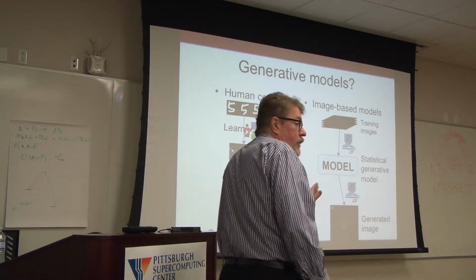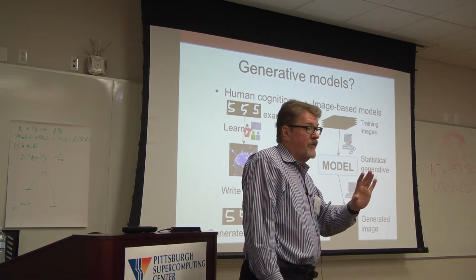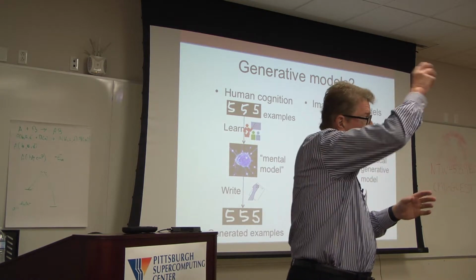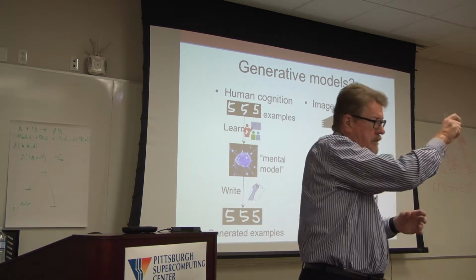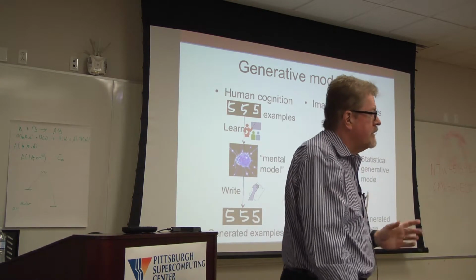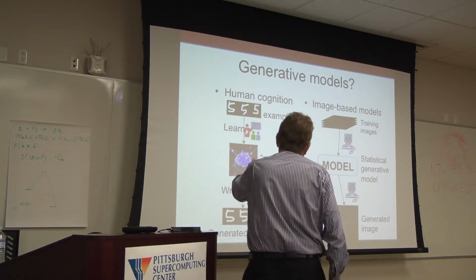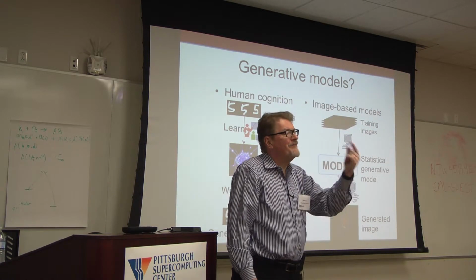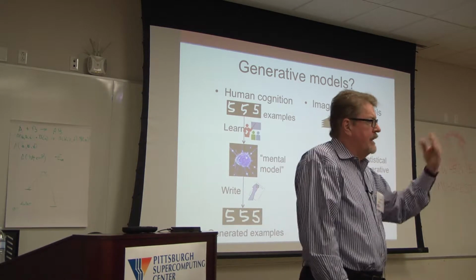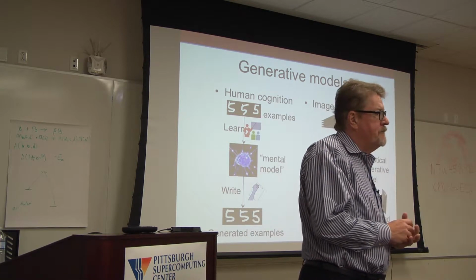All right? But that's not what you did. Oh, by the way, if you were asked to write a 5, you could just pick one of the ones you memorized and copy it. Okay? But that's not what you did. What you learned is a mental model of what it means to be a 5 and a 3 and a 7. Okay?